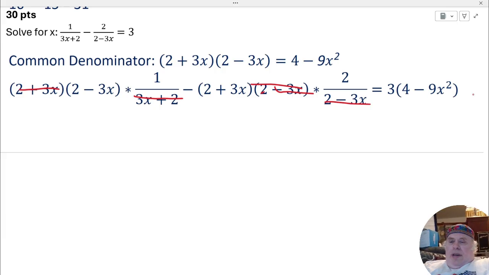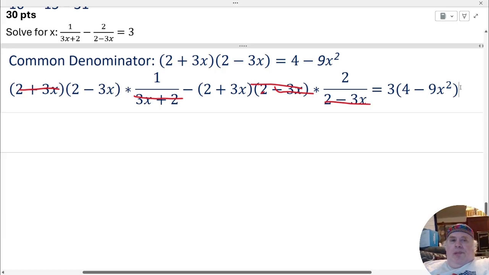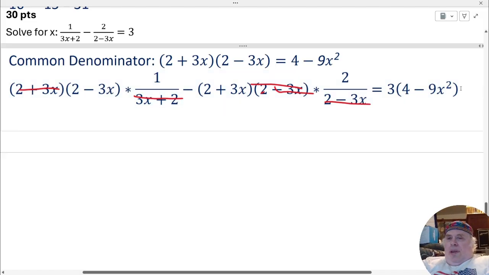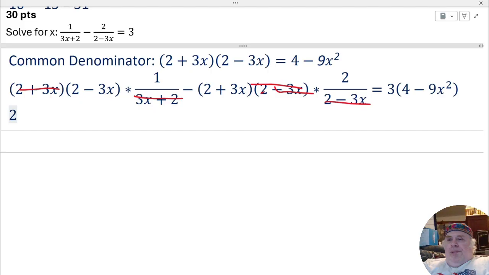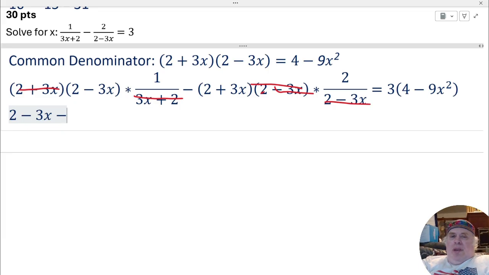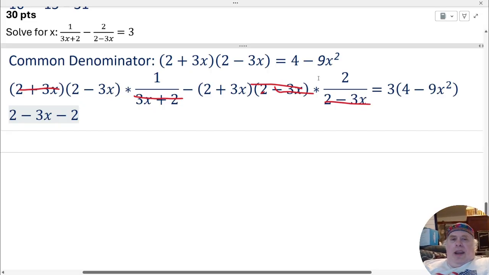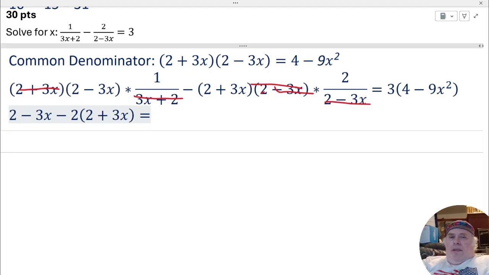And so I'm going to end up with 2 minus 3x times 1, which is 2 minus 3x, minus 2, that's the 2 over here, times 2 plus 3x, and that's going to equal 3 times 4 minus 9x squared.